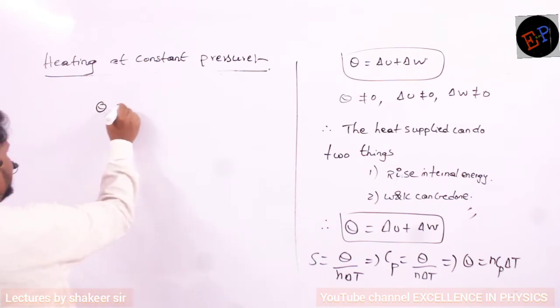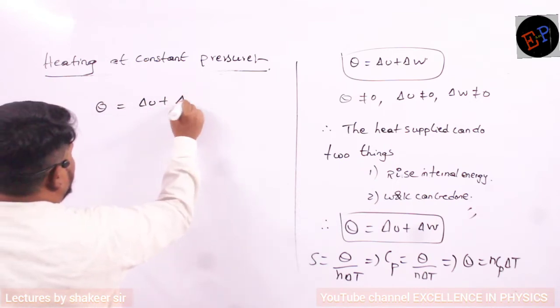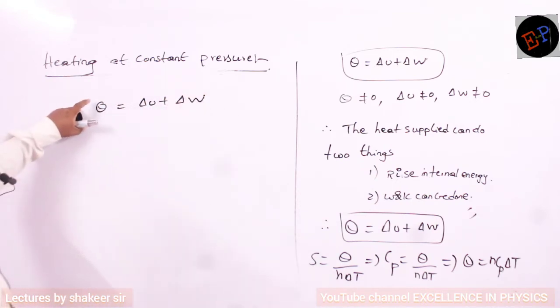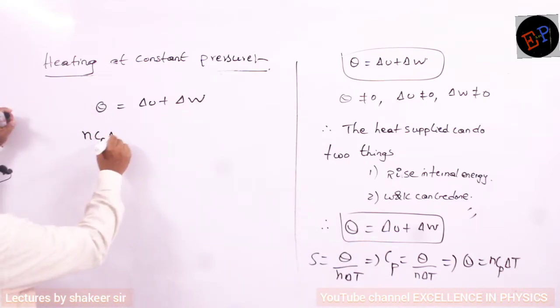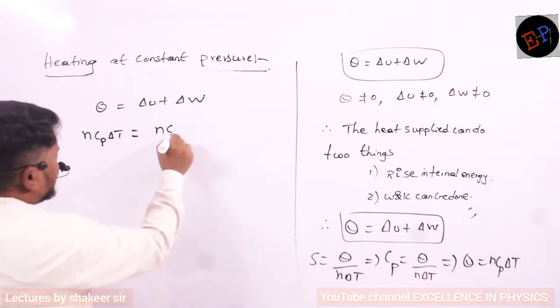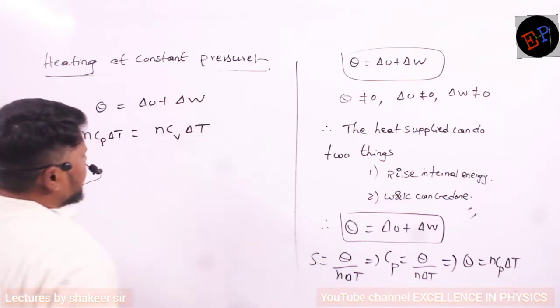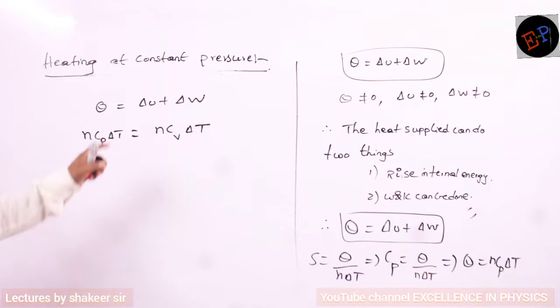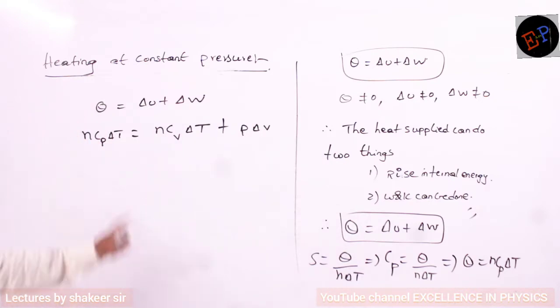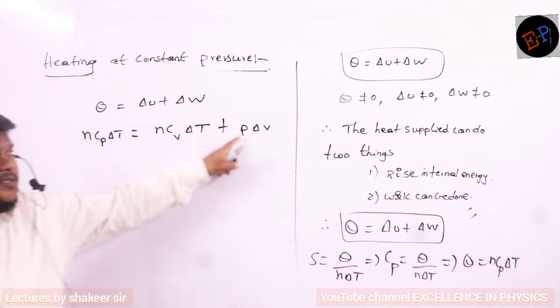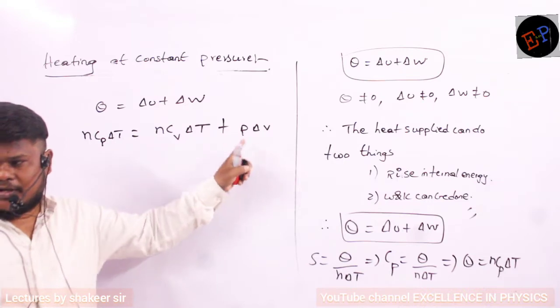Q is equal to delta U plus delta W. Instead of Q, what can I write? nCp delta T. And change in internal energy, already we have written, it is nCv delta T. Plus work done can be written as P delta V, because pressure is a constant but volume is changing.